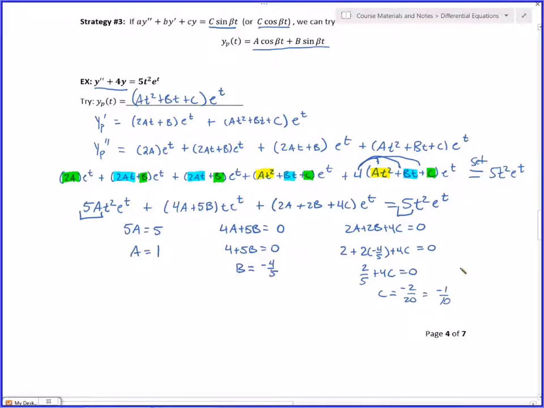Let me try that again. Oh, and this is a 5 again. I messed that up again, didn't I? This here and this here should be 5c. Fortunately, that only messes this up right here. All right, so divide that across. That actually, c is a negative 2/25. That matches what I got before.